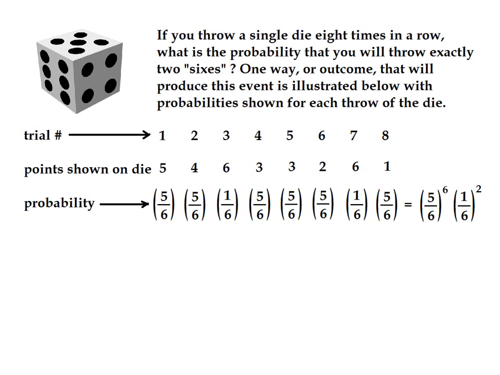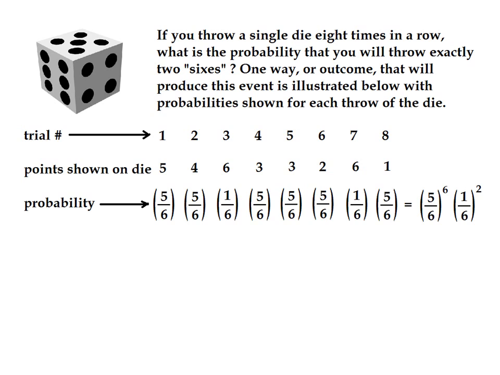In this series of trials, which by the way is called Bernoulli trials, you'll either have failure or success. So the event of not throwing a 6, failure, has a probability of 5/6.